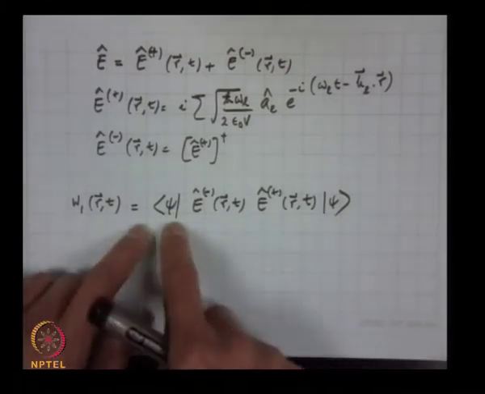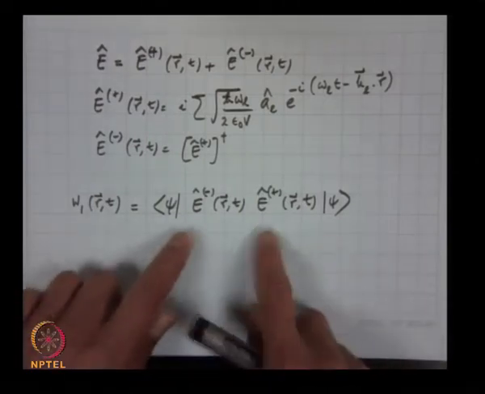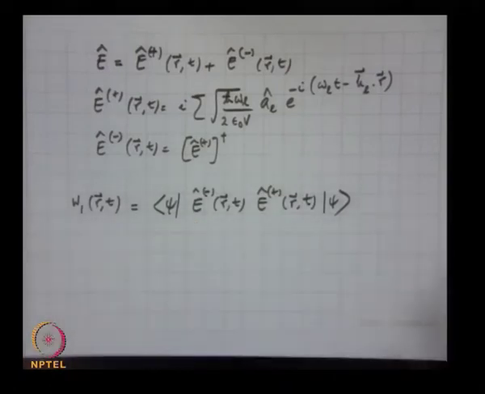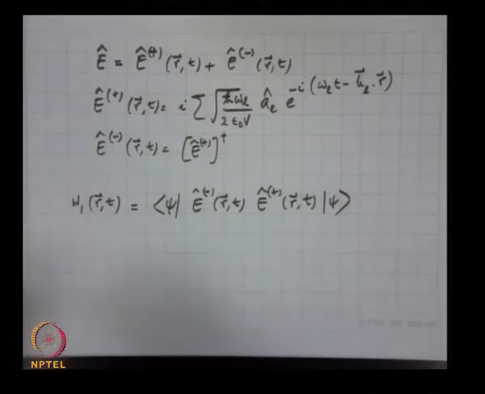So this is the general expression where psi could be any general arbitrary electromagnetic state, which could consist of multimode states, different polarization. Now if it has different polarization, actually these are vectors. This has to be a dot product here. But we are not going into vector form here. I'm assuming that the electric field has one polarization, the same polarization.